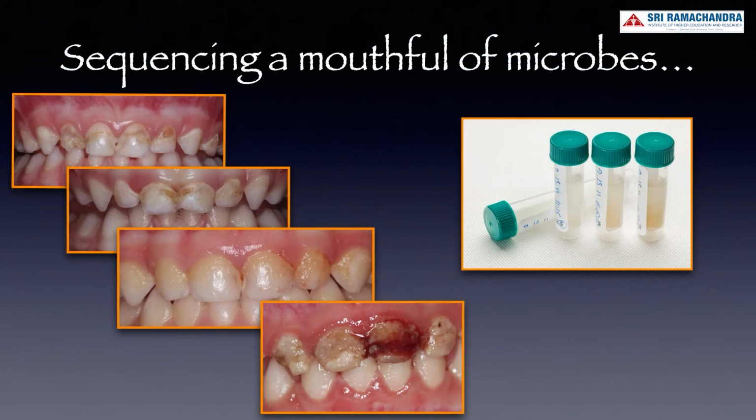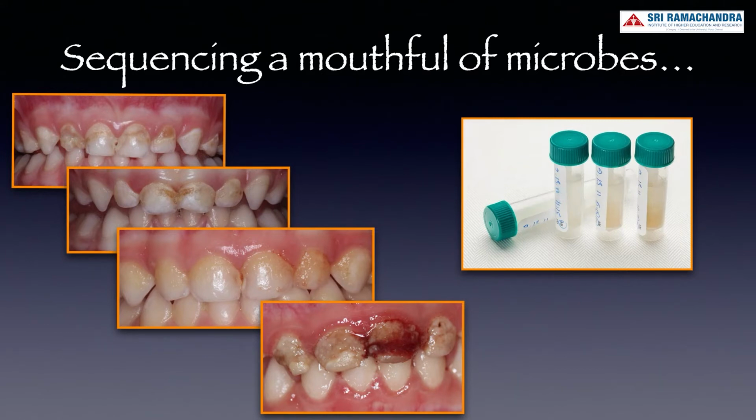Recent advances in molecular techniques and the availability of next generation sequencing have replaced the conventional culture methods to detect and analyze oral microbes that are involved in infectious diseases like dental caries. The samples that we can currently use are either saliva or plaque. Plaque can be supragingival or subgingival, and saliva can be stimulated or unstimulated.